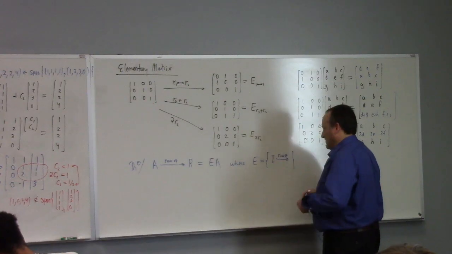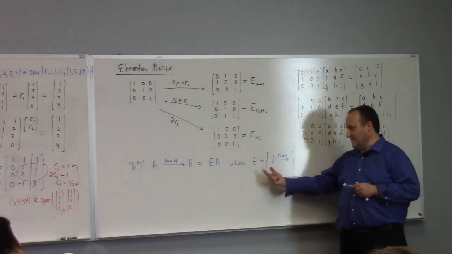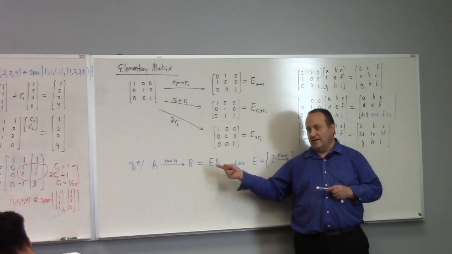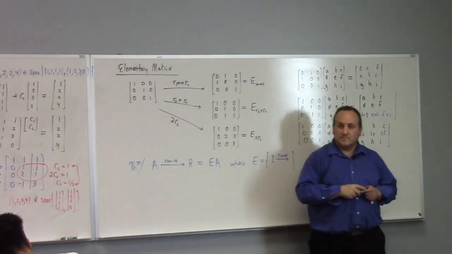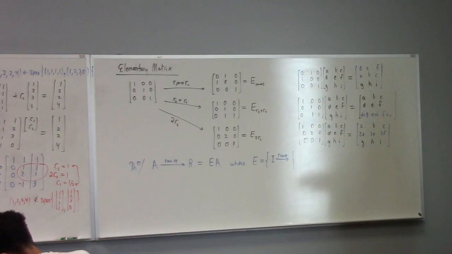If that notation makes sense to you. We take the identity matrix, do that row operation, that defines E, and E times A does the same row operation. More to the point, every elementary row operation can be understood as a multiplication by a matrix.